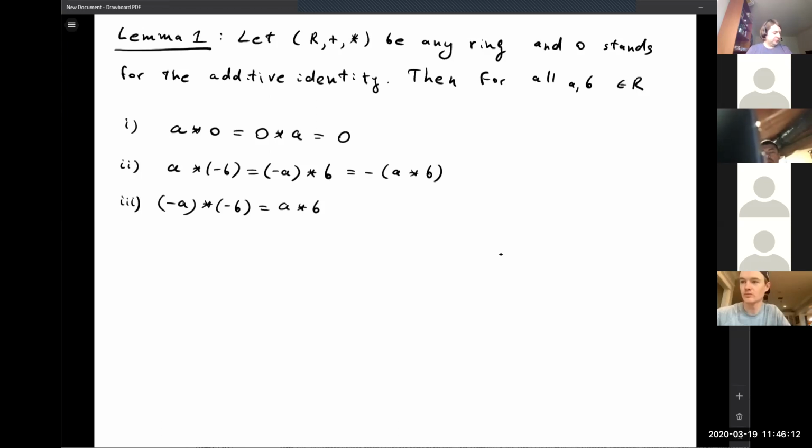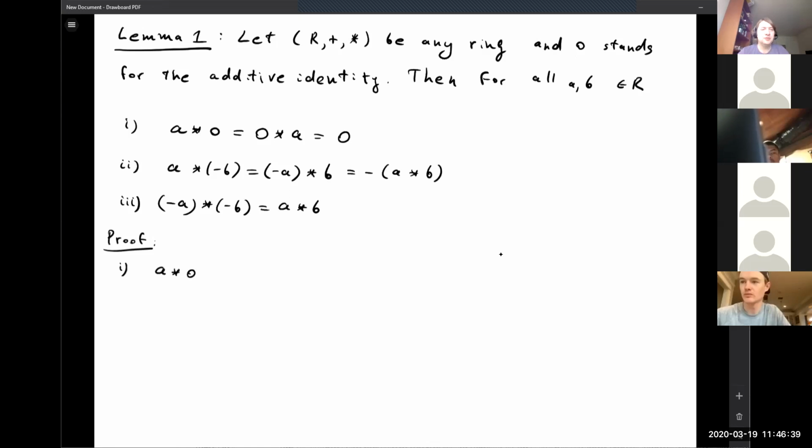Okay, so the proof is written up in the textbook, but still let me comment on that, because it's remarkable how we use the properties of a ring. It's interesting on its own. So let's prove the first part. Let's look at A star 0.